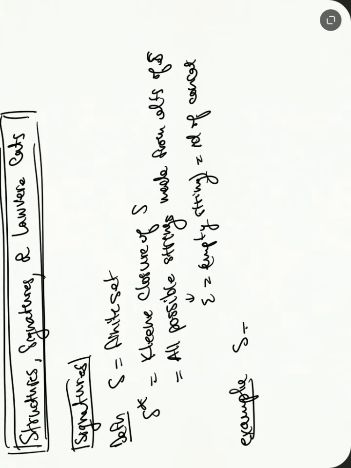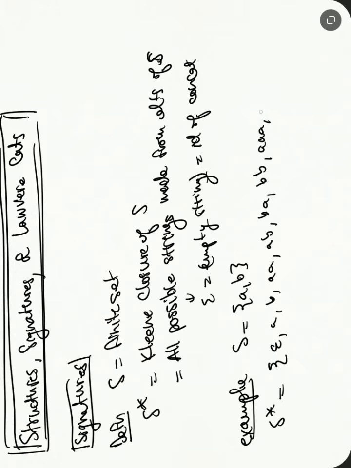If S is just this set with two elements, A, B, then S star, this Kleene closure, is going to be the empty string, A, B, AA, AB, BA, BB, AAB, etc. Okay, and there could be some notation here.